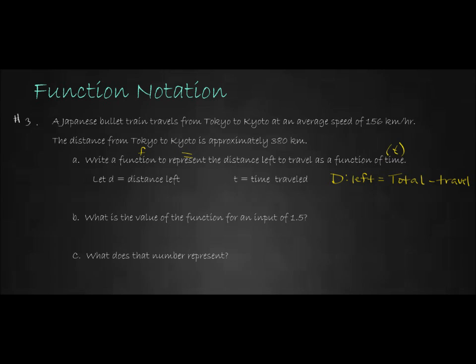Okay. So if we went ahead and wrote this in function notation, the distance as a function of time, we have d of t equals, now the total distance, I'm going to go ahead and get from my word problem, which is 380 minus the distance I've traveled.